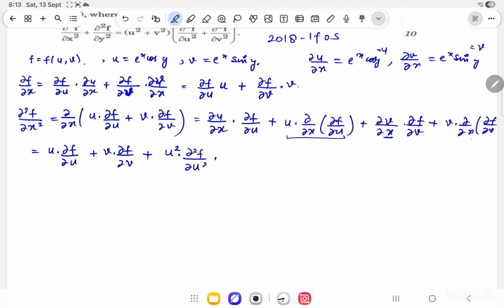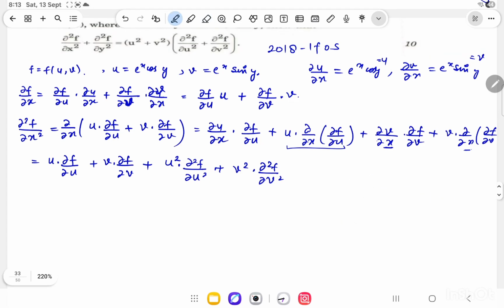Likewise, this term I can write as v into del by del v of del f by del v into del v by del x. This is v only, so I'll get plus v square into del square f by del v square. So this is the value of del square f by del x square.